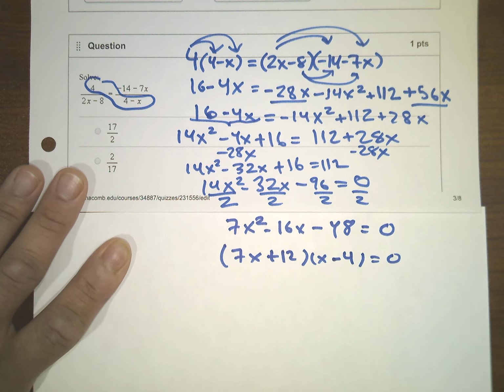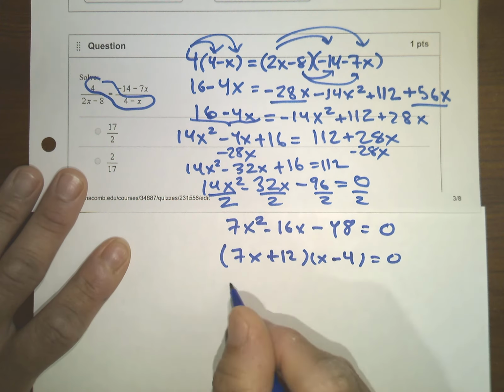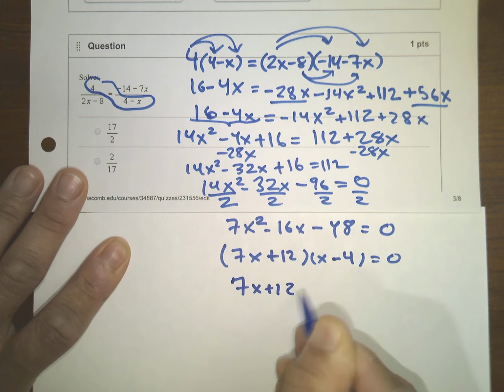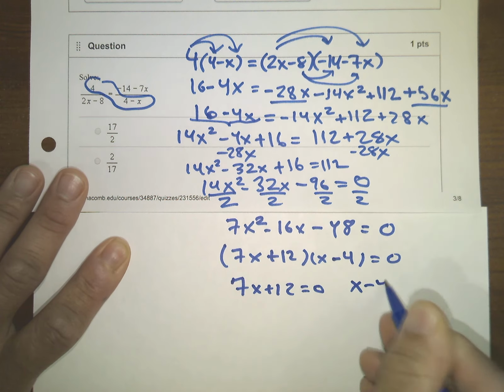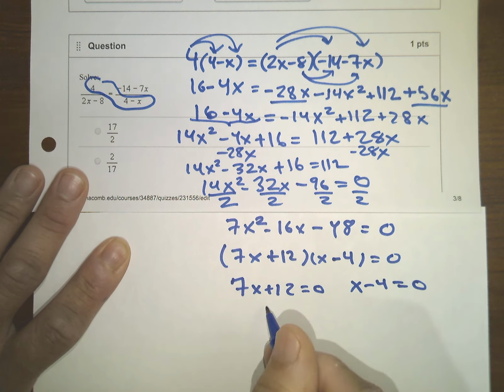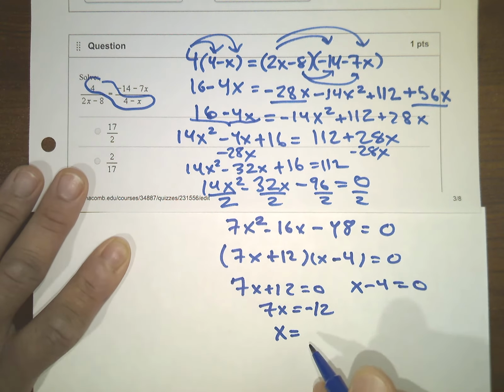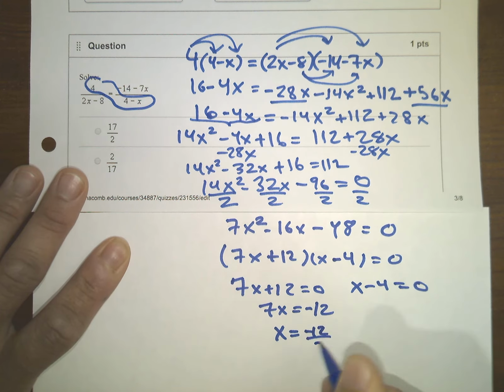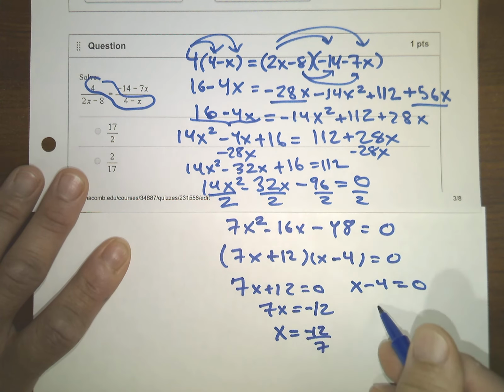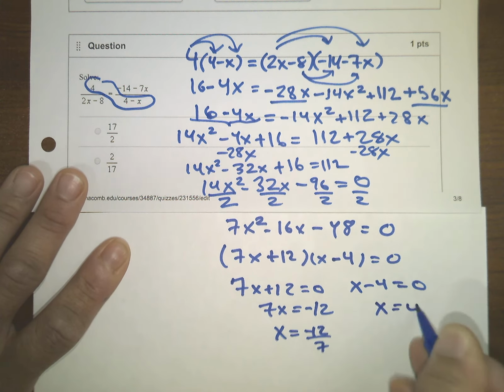Then you set each factor equal to 0. So 7x plus 12 is equal to 0, and x minus 4 is equal to 0. Here you would subtract the 12 to get 7x is negative 12, and divide by 7 to get x is negative 12 over 7. Or you would add the 4 to get x is equal to 4.